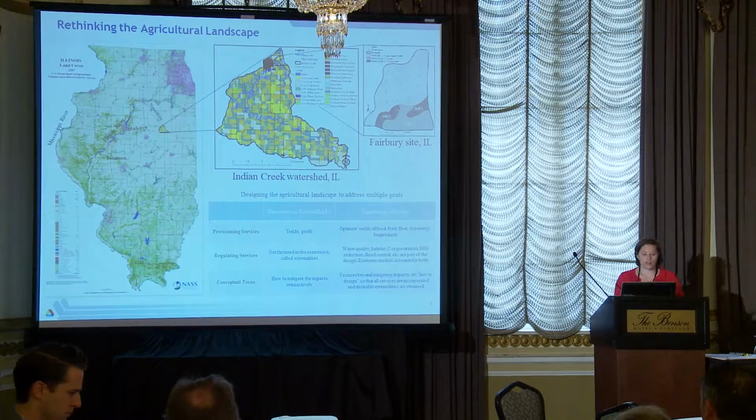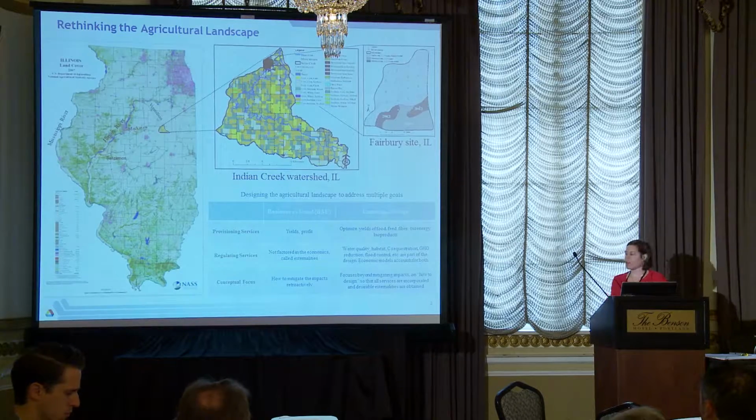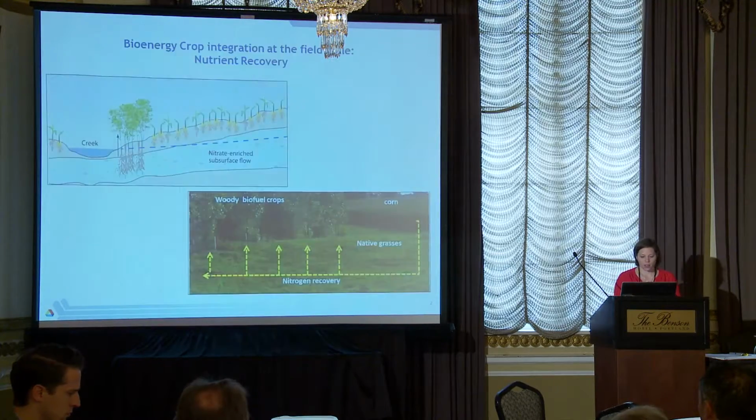All these systems are impaired in some way, shape, or form. And so the focus of this talk will be not only verifying this cropping system integration as a viable conservation practice, but also economically as a bioenergy cropping system.